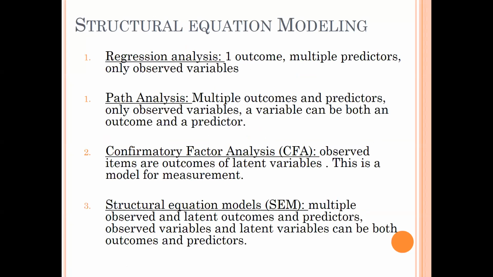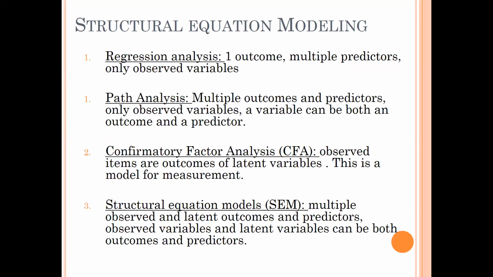Regression is a method where you have just one outcome and multiple predictors, and they are only observed variables, such as, for example, the individual's wages or hours of work. Path analysis is a generalization of regression analysis, where you can have multiple outcomes analyzed simultaneously and multiple predictors.